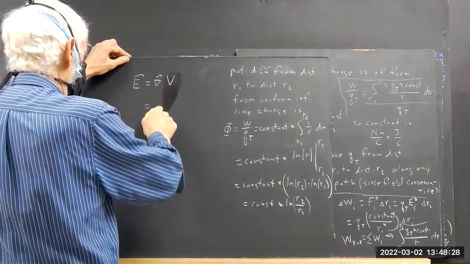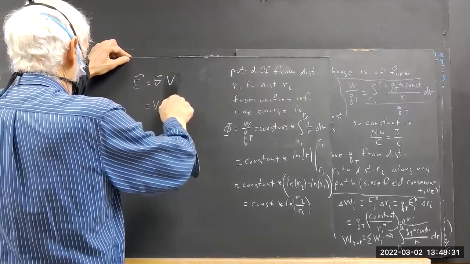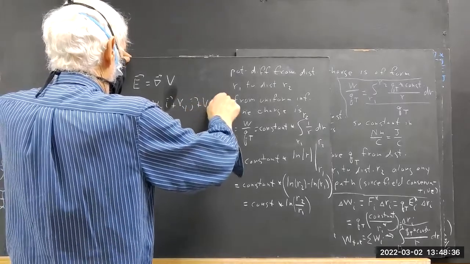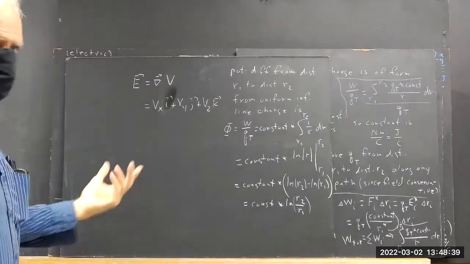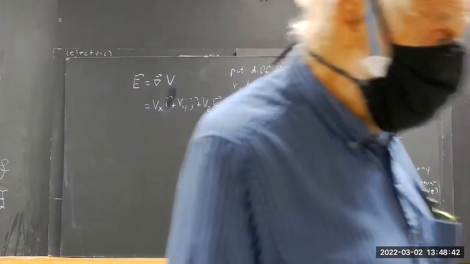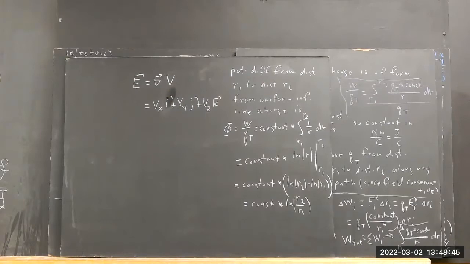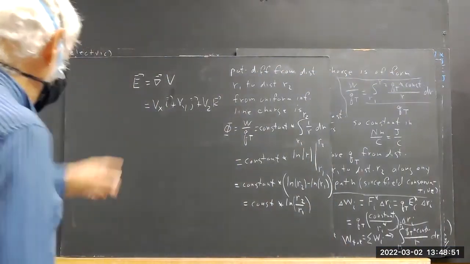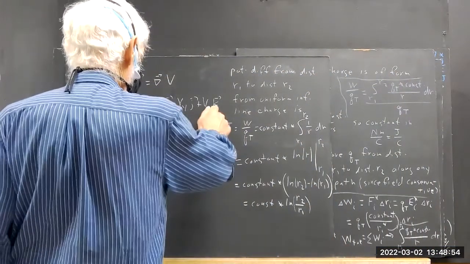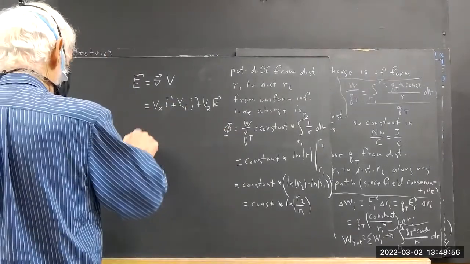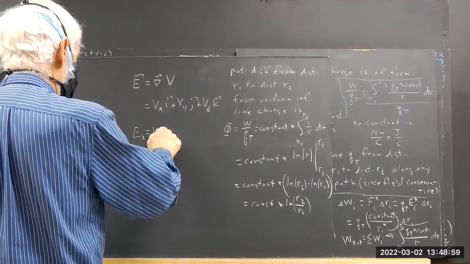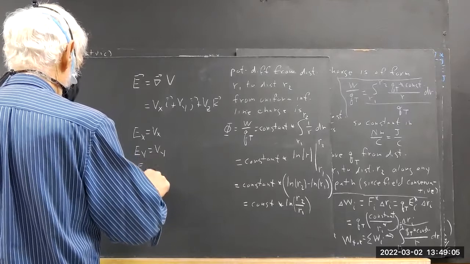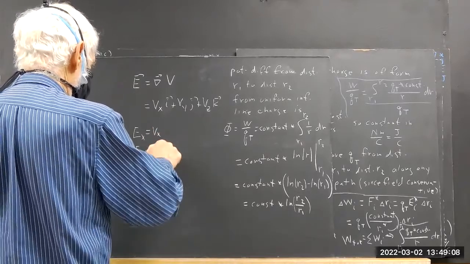And what's the gradient of V? It's Vx times i plus Vy times j plus Vz times k. If you remember anything about the gradient from lower level calculus, then you really should, and I'm using this to remind you of things you should know. You're not required to know that this is the gradient, but that's the easy way to see what the book says, which is that Ex equals Vx, Ey equals Vy, and Ez equals Vz, where these are derivatives.